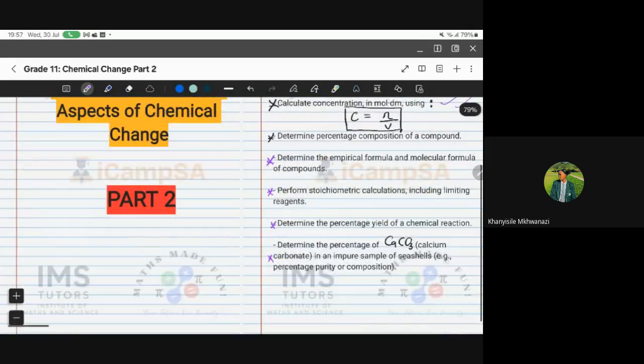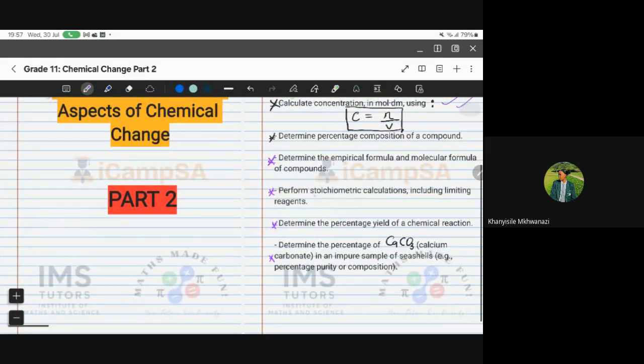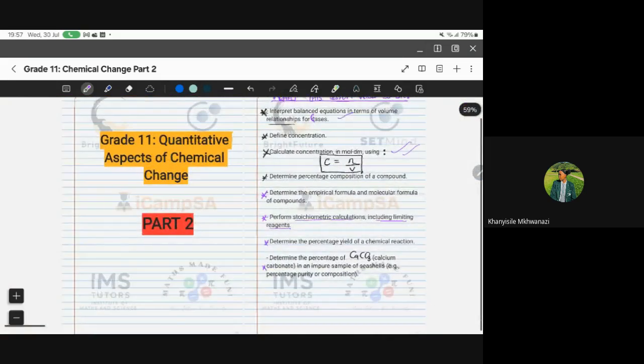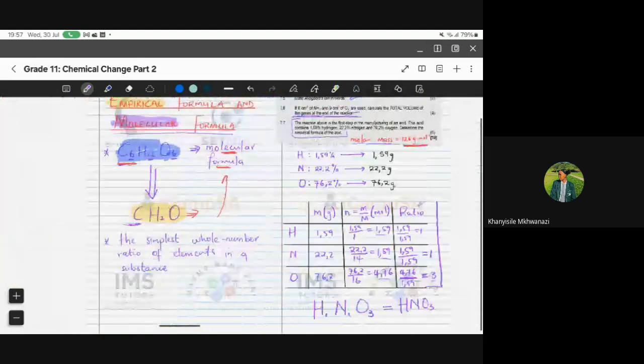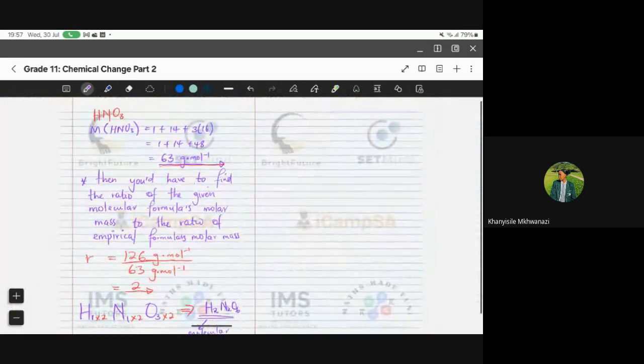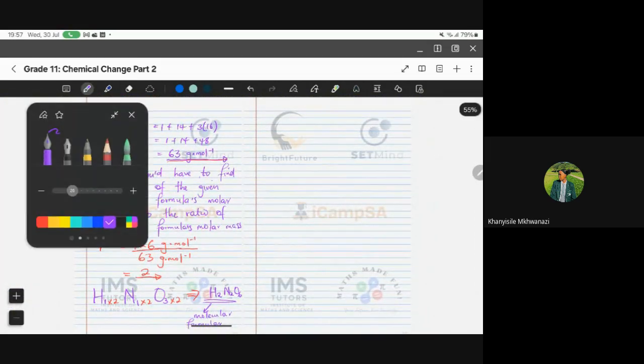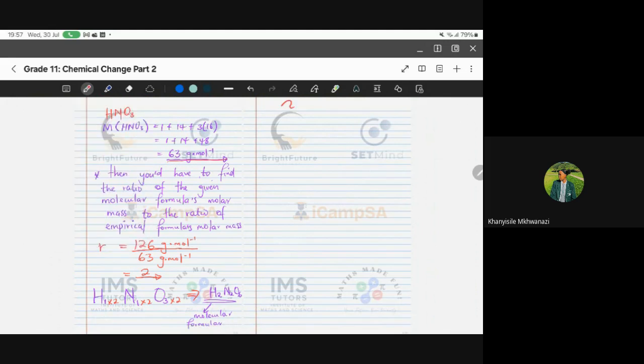Now, stoichiometric calculations including limiting reagents. What does that mean? We have covered that. Okay. What is a limiting reagent?